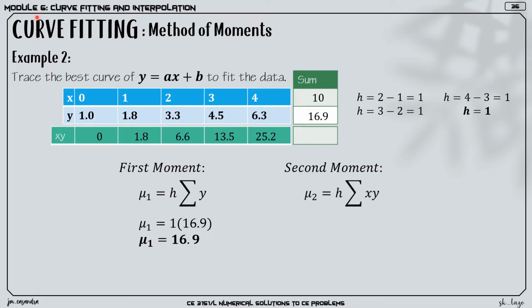So for the second moment, that is equal to h times the sum of xy, which is 1 times 47.1, giving us mu sub 2 equal to 47.1. We stop at the second moment since, again, in the given equation, we only have two coefficients.